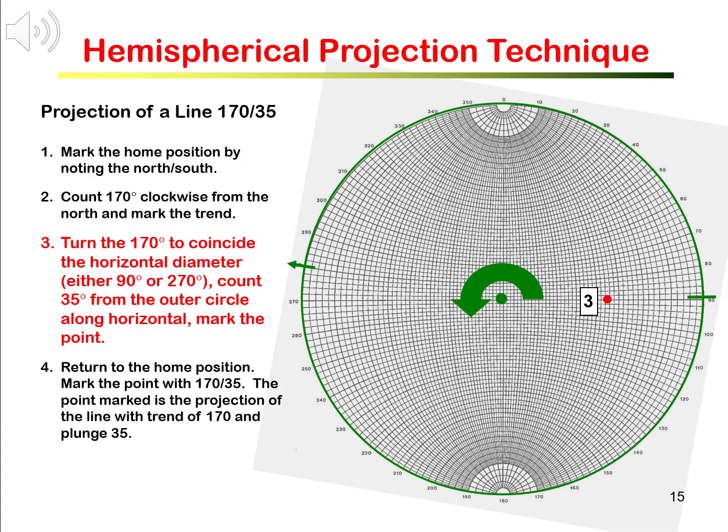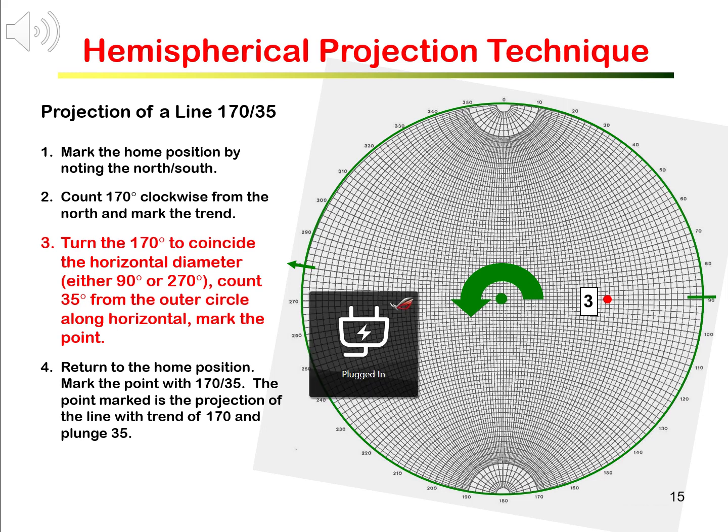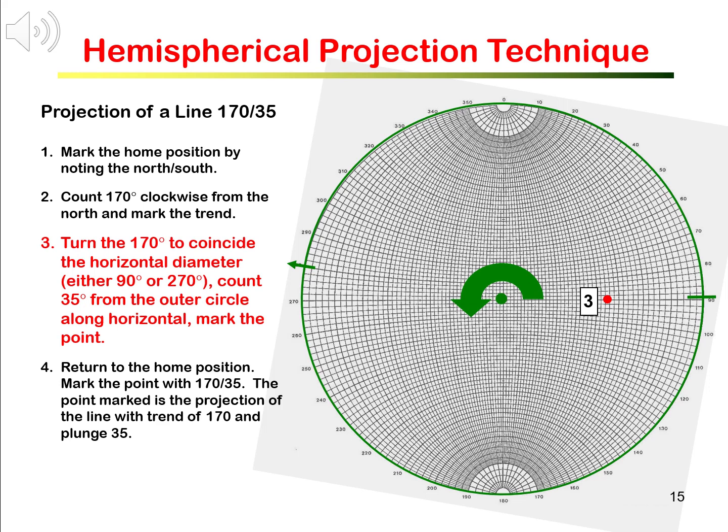Step 3. Next is to mark the plunge angle. It is 35 degrees measured from horizontal. So we need to measure 35 from the circumference, which is horizontal. The position we measure vertical angle is along the 90 to 270 line on the net, simply because you can read the measurement along this line.